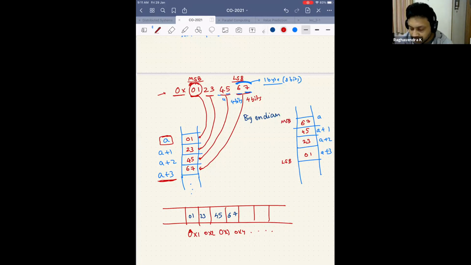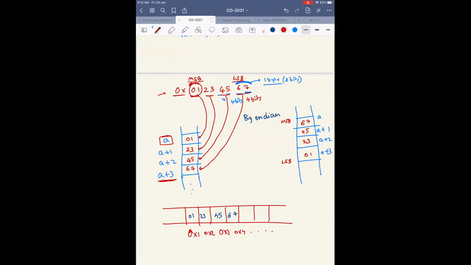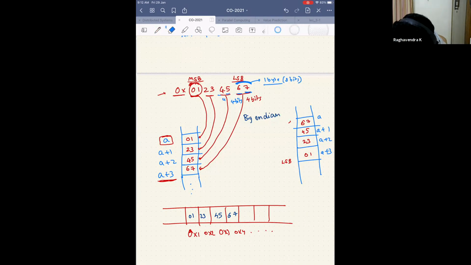So I store the MSB in the bigger address and the LSB in the smaller address. This format is called Little Endian.